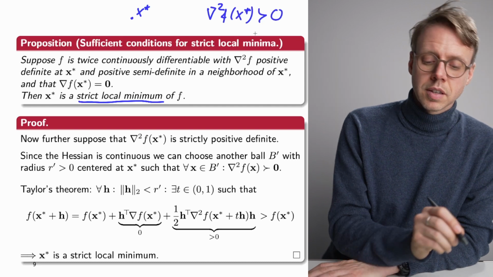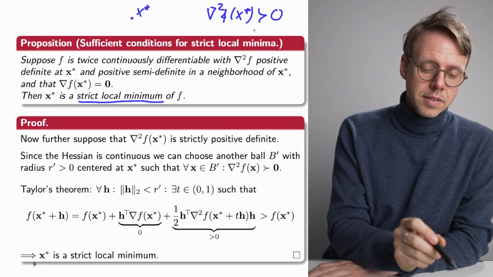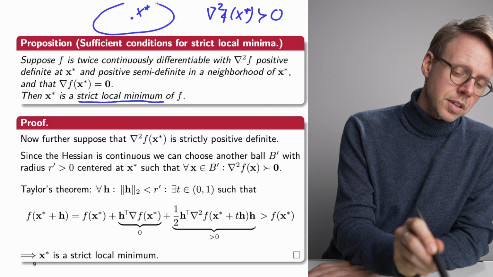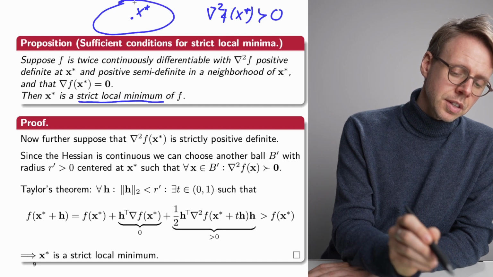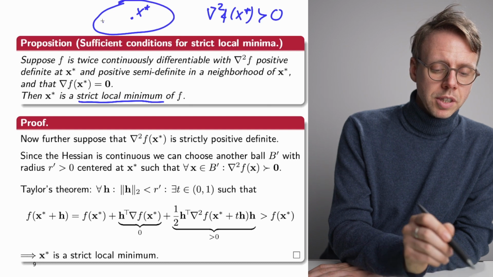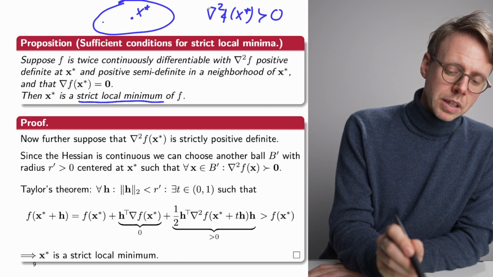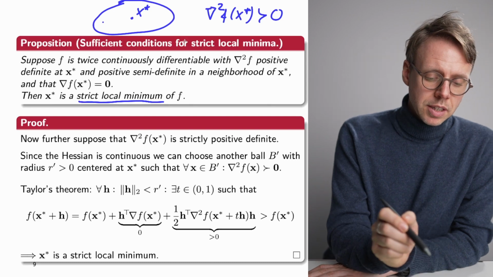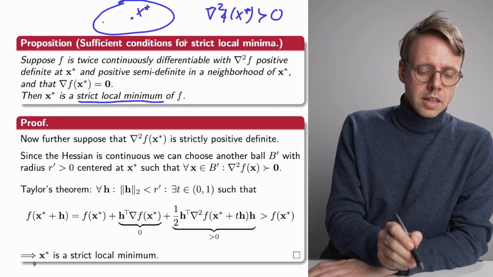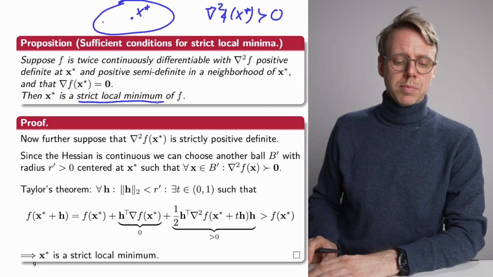So this is this curly larger than sign, and in a neighborhood around this point x star, for any point here, the Hessian would be positive semi-definite. Then x star is a strict local minimum of f.